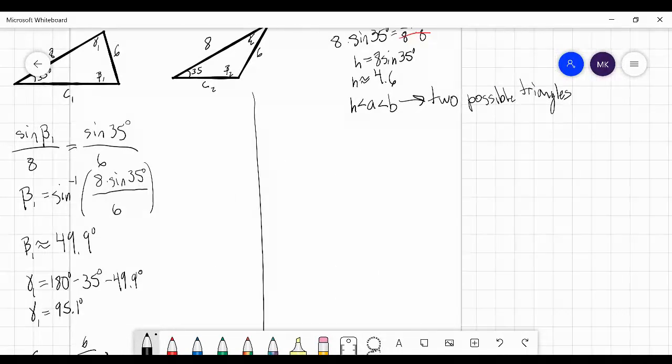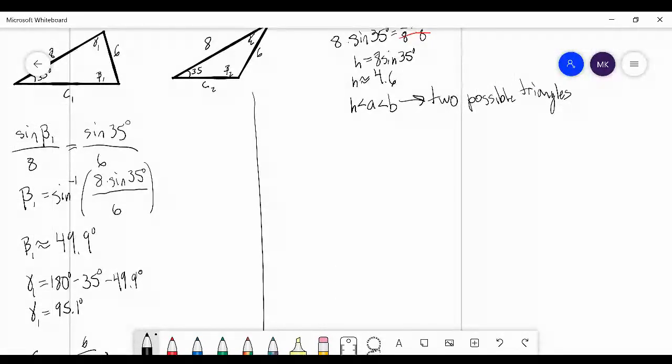Now, let's move over to our triangle 2. Again, we're doing the exact same thing that we did on this other one. But the difference here, hang on one second. Sorry, my brain just checked out for a minute.